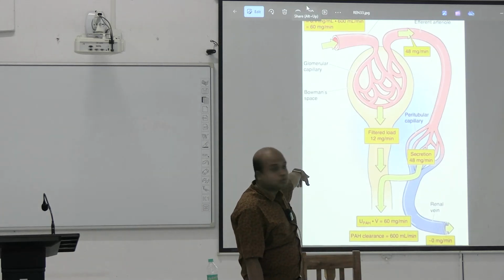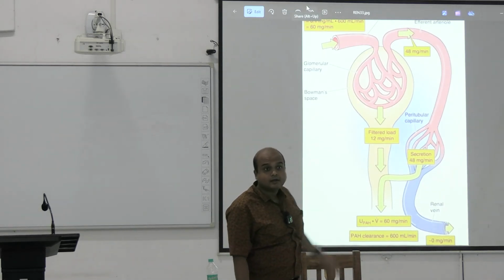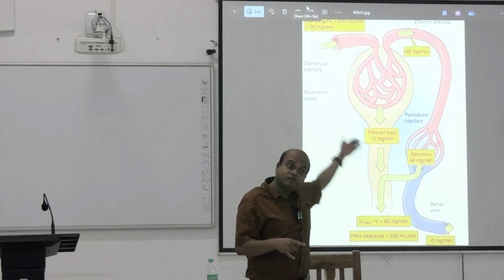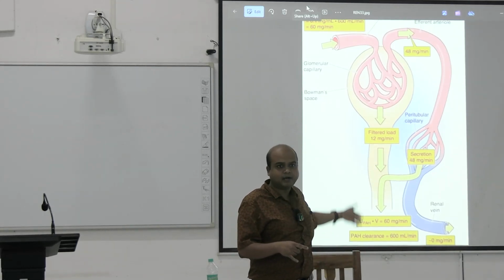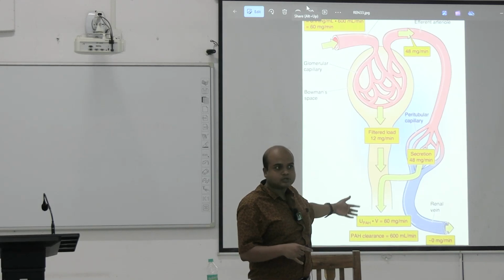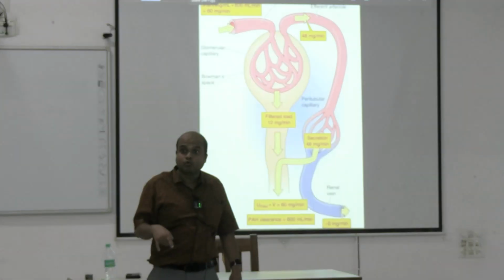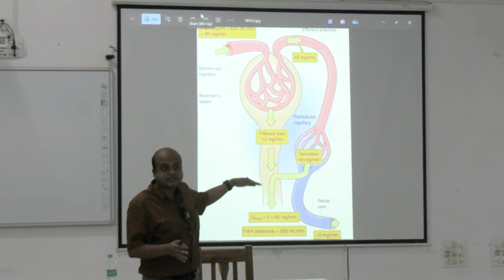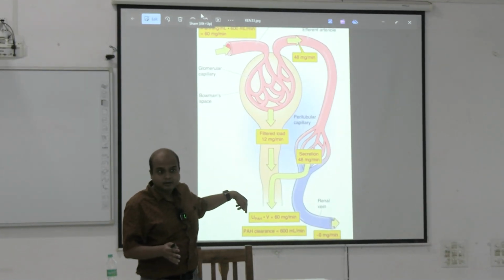In inulin, everything goes out through filtration, but in PAH, some goes out through filtration, and the rest goes out through secretion. Only 20% or something is filtered, so the rest, 80%, is by secretion.